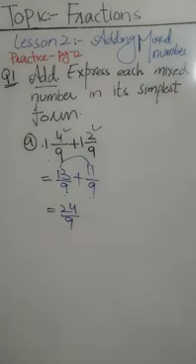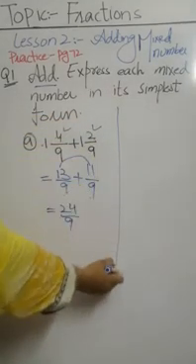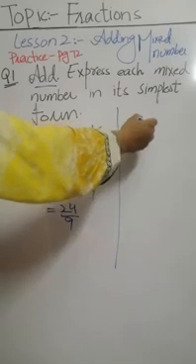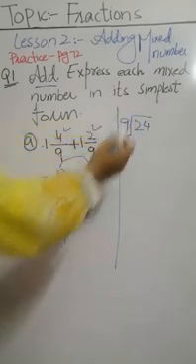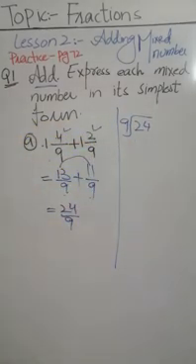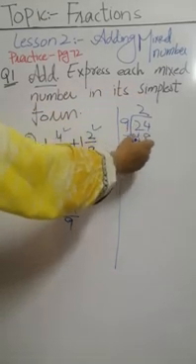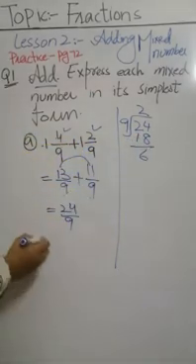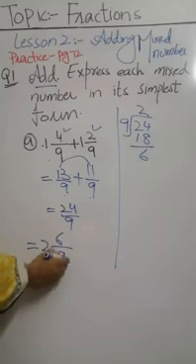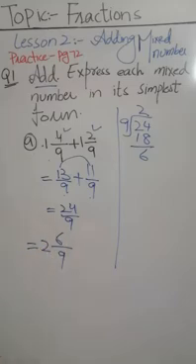Now we get an improper fraction. We convert this improper fraction into a mixed number. We divide 24 by 9. 9 times 2 is 18, remainder 6. So we get 2 whole 6 by 9. Now we get a mixed number, but this is not the answer.